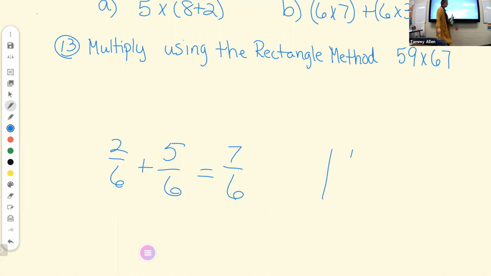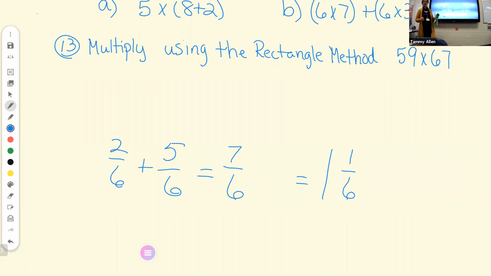Okay, why did you take 6 from the 7? Because 7 is an improper fraction. Yeah, but why did we take 6 from the 7? The numerator can't be bigger than the denominator. True, but why did we take the 6 from the 7?